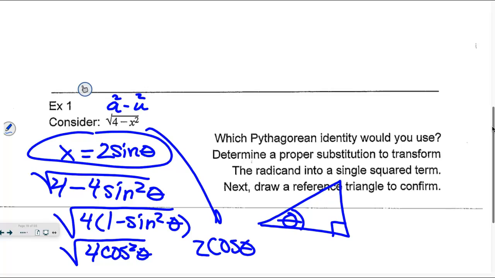So wouldn't that have been x, and this would have been 2, if sine of theta has to be x over 2, correct? What would this side have been? Well, it would have been the square root of 4 minus x squared. Right? a squared plus b squared has to equal c squared. So c squared minus b squared has to equal a squared. It makes sense, doesn't it?